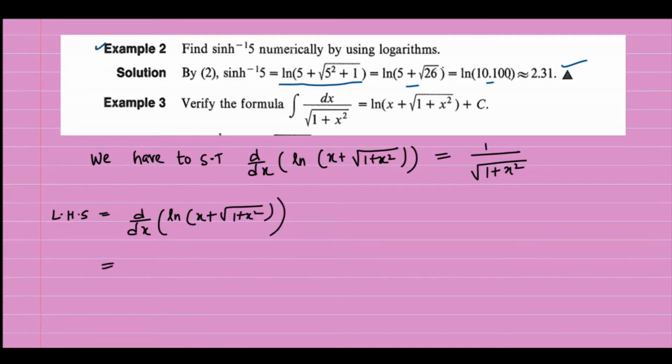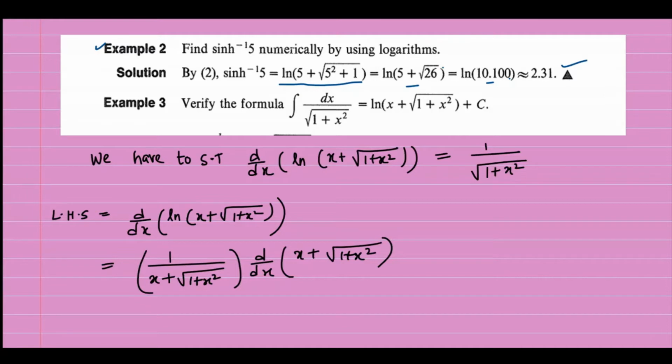We know that the derivative of log x is 1 by x. So instead of x you have x plus square root of 1 plus x square. Now next we have to find the derivative of x plus square root of 1 plus x square, because we have a composite function here.